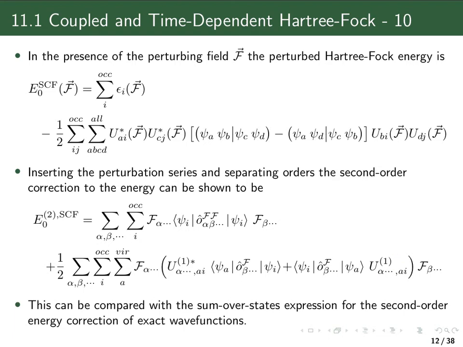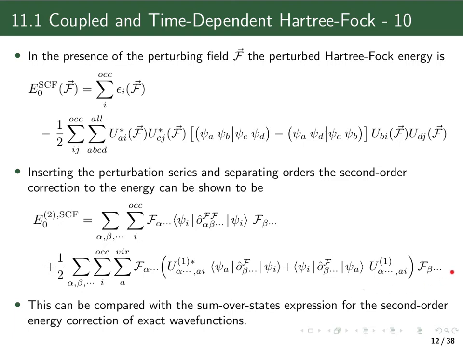If one then compares this expression for the second-order correction to the Hartree-Fock energy with the general expression for the second-order correction to the exact energy as we have derived it in chapter 3, then we can see a clear similarity, because this term here, where we have the second-order property operator, corresponds very much to the expectation value of the second-order correction to the Hamiltonian.